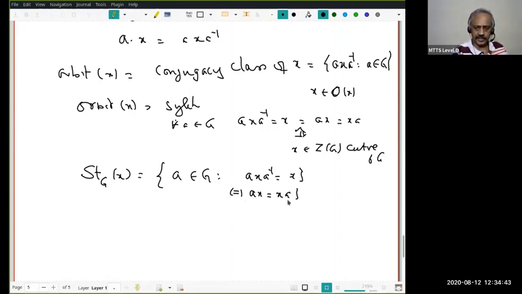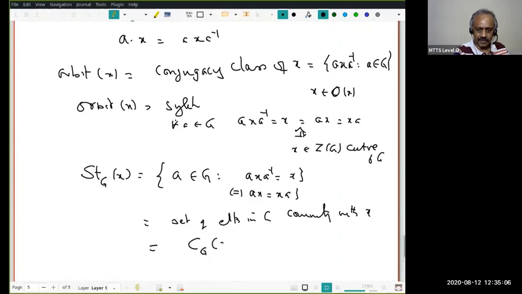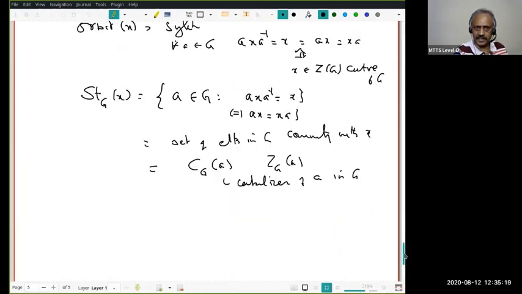If and only if A X equals X A. That means A commutes with X. That is, it consists of the set of all elements in G commuting with X. You know a word for that in group theory. Yes, it is the centralizer of X in G. Sometimes you also call it C_G of X. Okay, the stabilizer in this case is a centralizer. This is just a name.